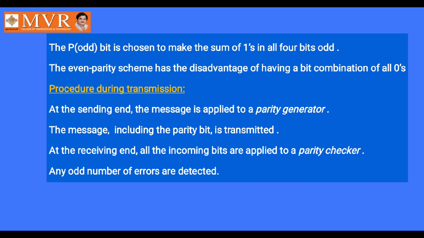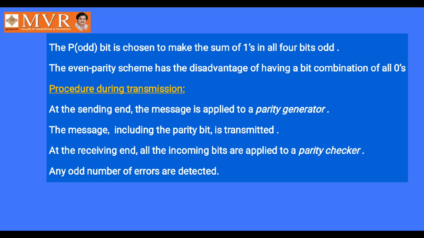Then coming to the receiver part. At the receiving end, all the incoming bits are applied to a parity checker. There is one more circuit available at the receiver end. With the help of that parity checker, all the incoming bits are checked and any odd number of errors are detected. If you follow the even parity method, if any odd number of errors are there, it will be detected.